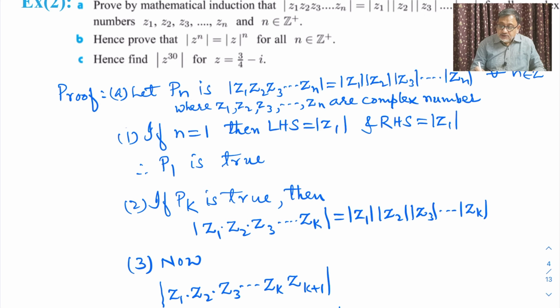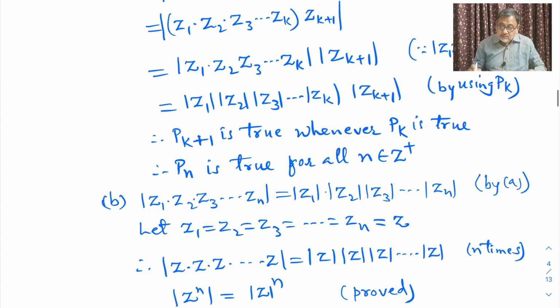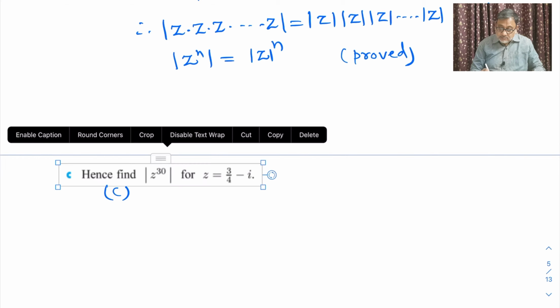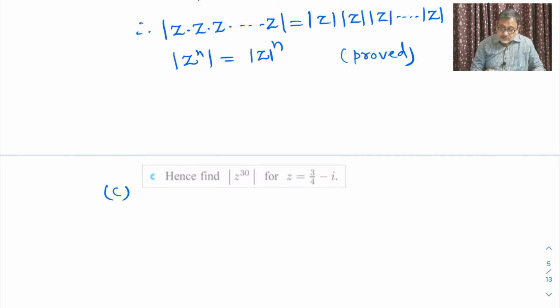Hence find, let me copy this third part here. Yes, this is the third part. So for proving the third part, find z to the power 30 for z is equal to 3 by 4 minus i. This we have to prove.